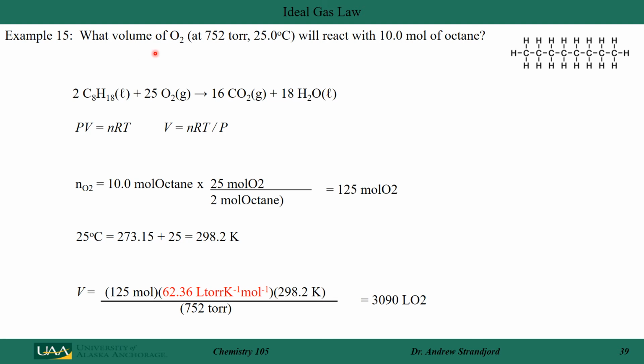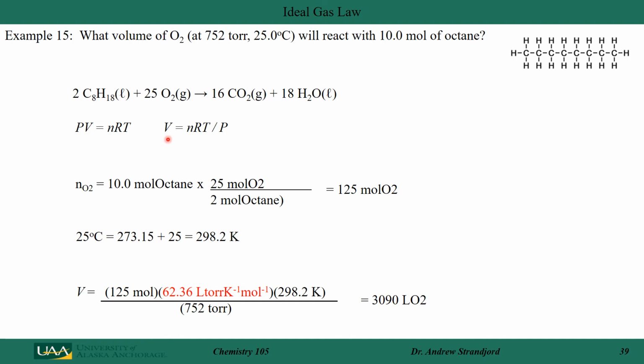Example number 15 also involves a combustion reaction. In this case, I want to know the volume of O2, and I have specific conditions now for pressure and temperature: at 752 torr and 25 degrees C, it will react completely with 10 moles of octane. Here again is my reaction equation. I have my ideal gas law here.